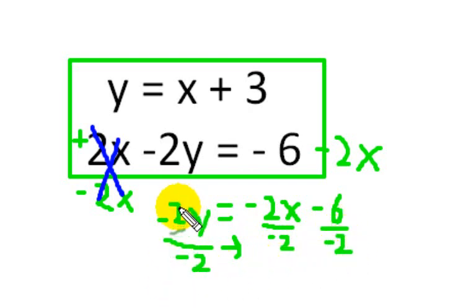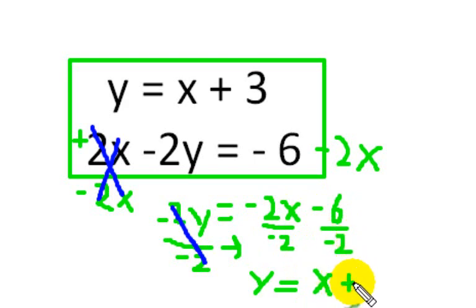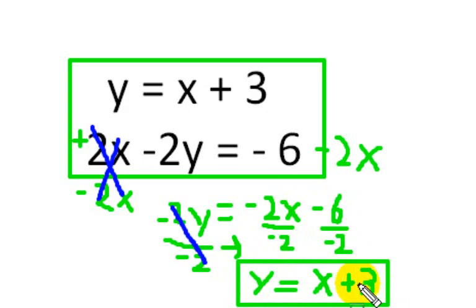Okay, so now this is going to cancel out, and I'm going to be left with y equals negative 2 divided by negative 2, which is just 1, so I'm left with 1x, so I can just put x. And then negative 6 divided by negative 2 is going to turn into positive 3.